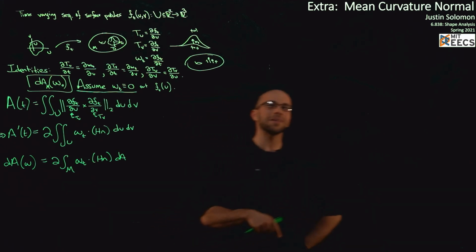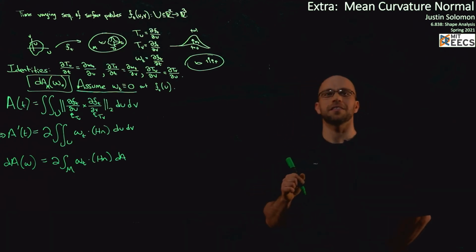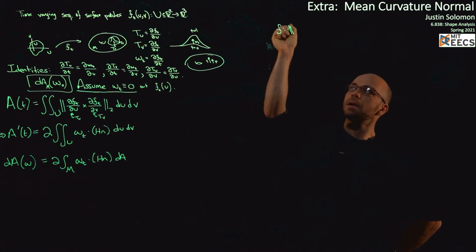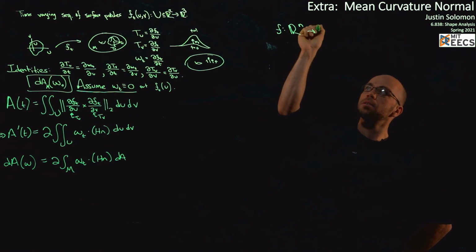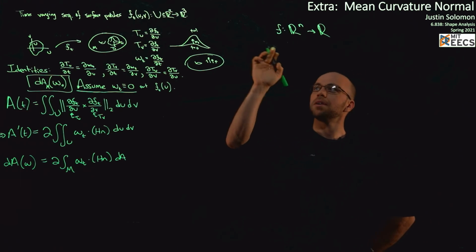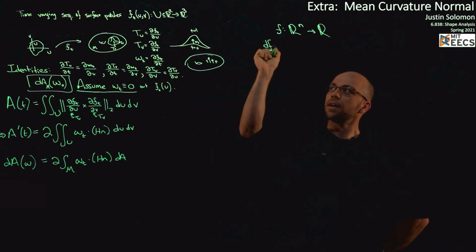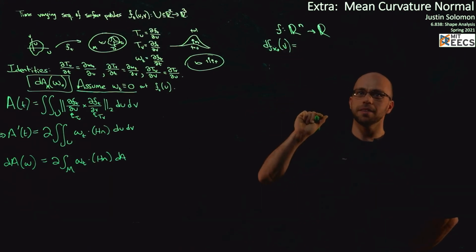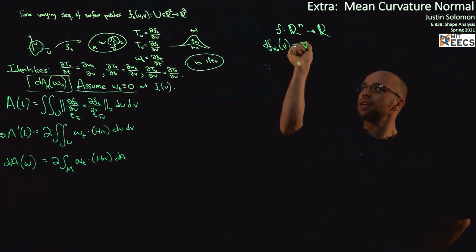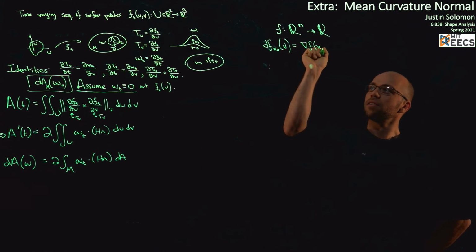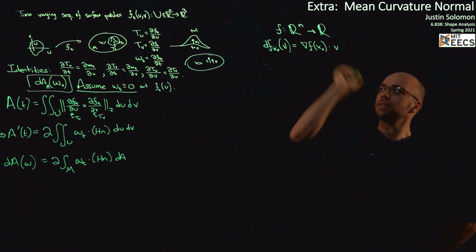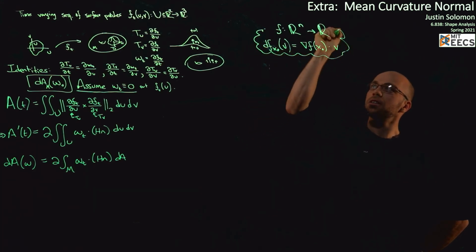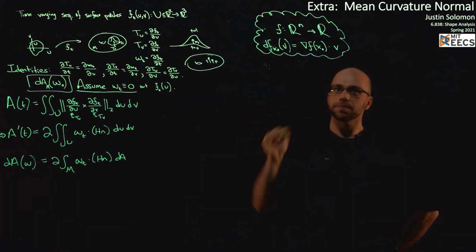Remember from lecture 2 in this course that if I had a function f from R^n into R, and I computed df at x0 in some vector direction v, we showed that this was equal to the gradient of f evaluated at x0 dot product with v. So this was our little finite dimensional picture that we're going to keep in mind.